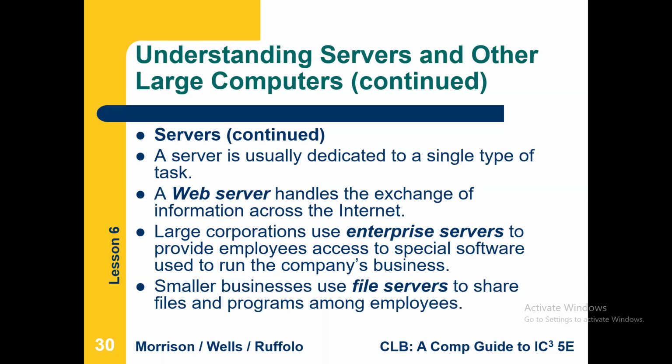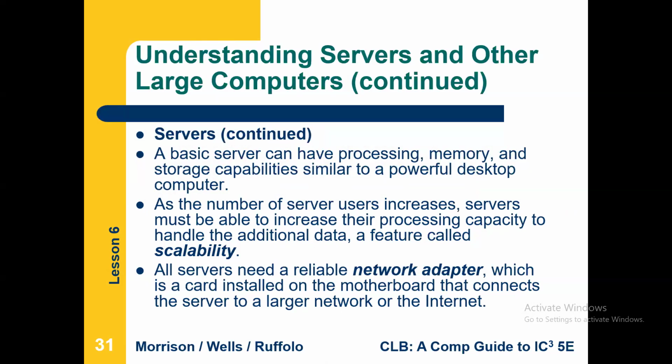If you do that, then that particular server must have a higher processing capacity to be able to handle all of these services at the same time. So a basic server has processing, memory, and storage capabilities just like our normal desktop, but those ones have a higher processing capacity. And our servers need to be able to handle a lot of people at the same time. So as your users increase, your server must be able to handle them.